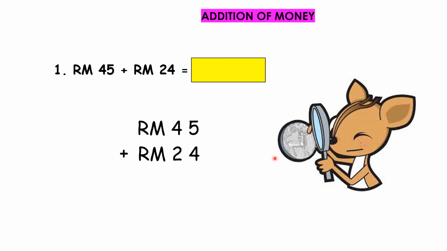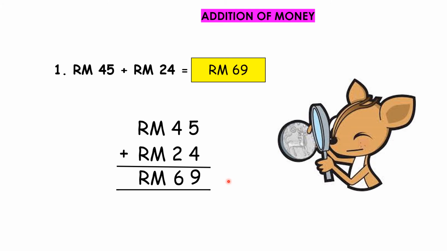Write the symbol of plus and then underline. So we start from 5 plus 4. 5 plus 4 is 9. And then 4 plus 2 is 6. And then write RM. Okay, so write your answer in the box. 69 ringgit. 45 ringgit plus 24 ringgit equals 69 ringgit.